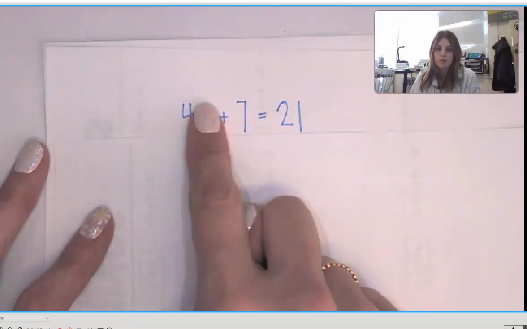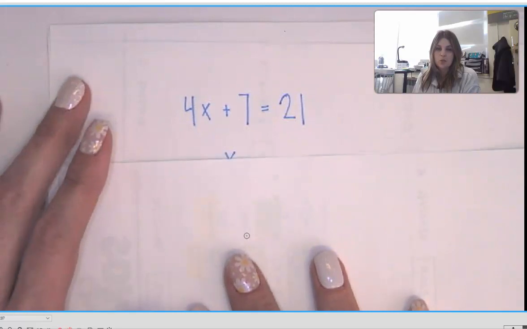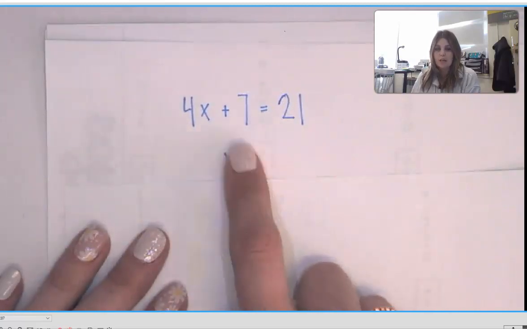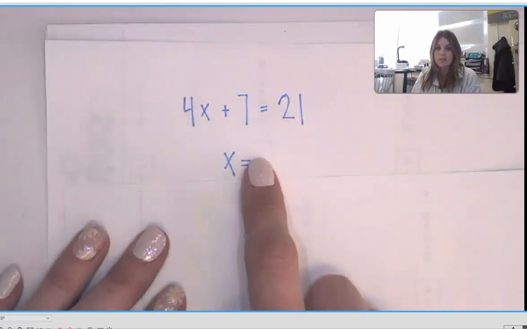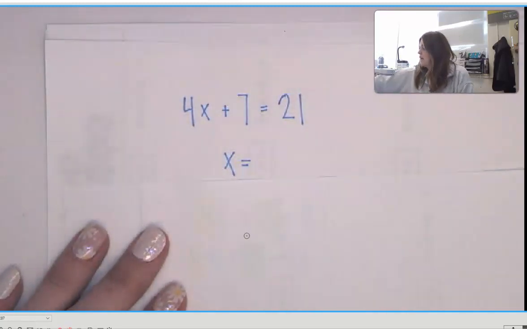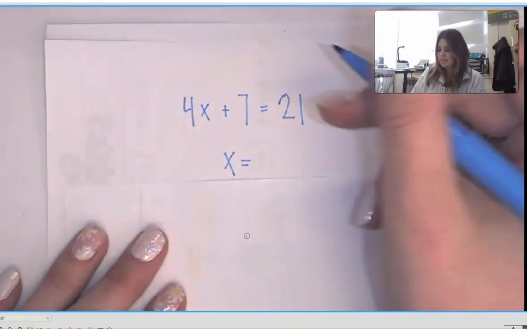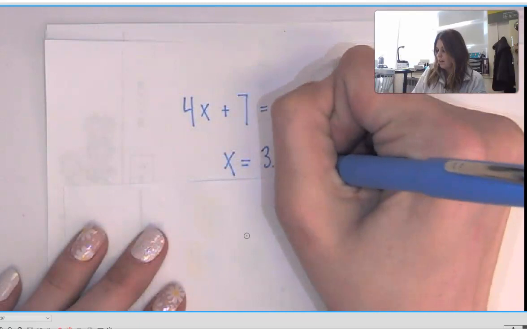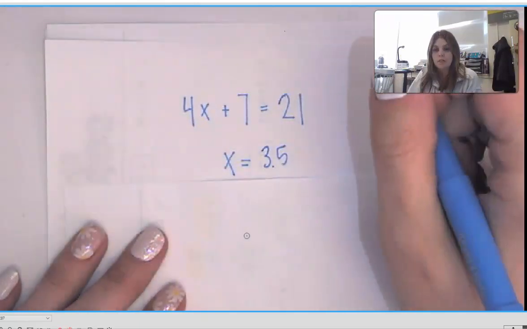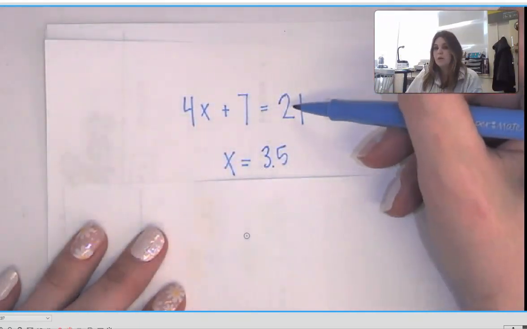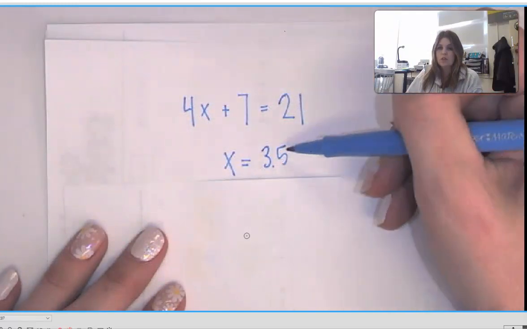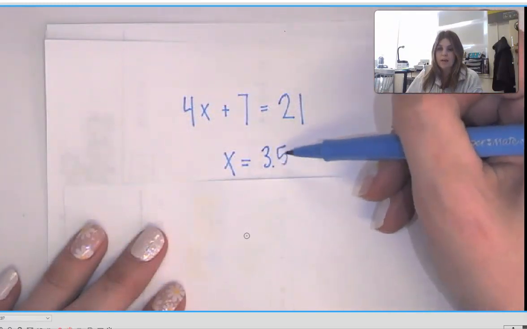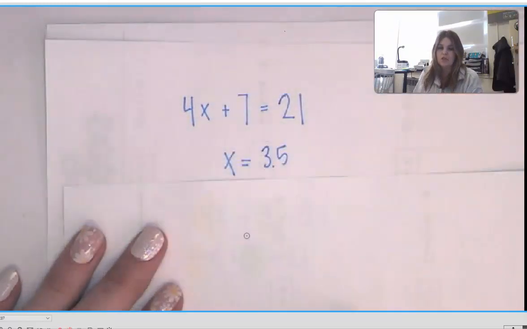We don't want all of this stuff around x. We just want to know what is x. So instead of looking like this, we want to be able to say that x, in this case, I believe it's 3.5. So what we're doing in this quiz is reviewing how do we go from this equation to knowing what x actually is to make this statement true.